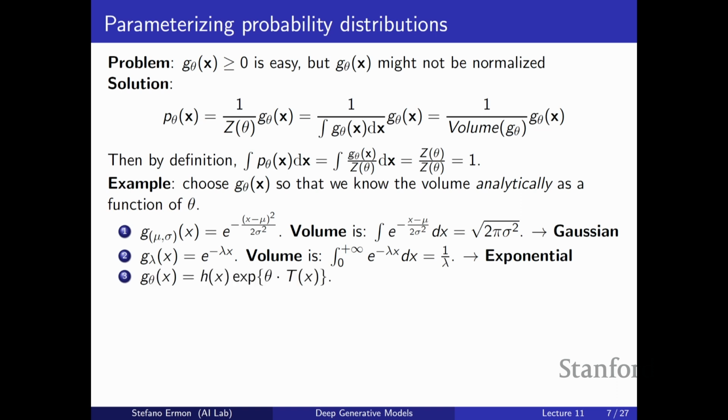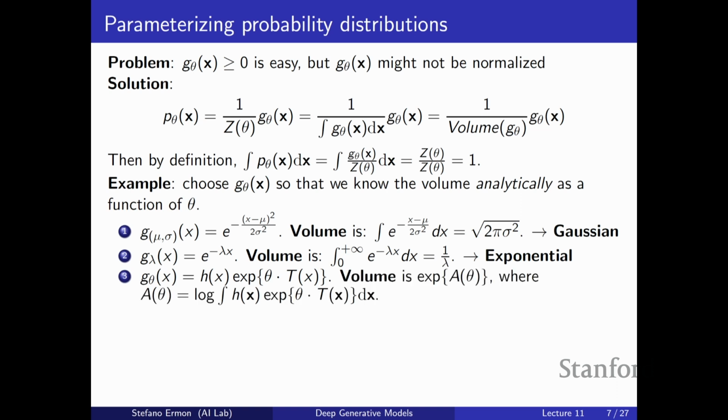And more generally, there is a broad family of distributions that have PDFs that basically have this form. It's kind of similar to what we have up here. It's also an exponential of some dot product between a vector of parameters theta and a vector of functions of sufficient statistics t of x.